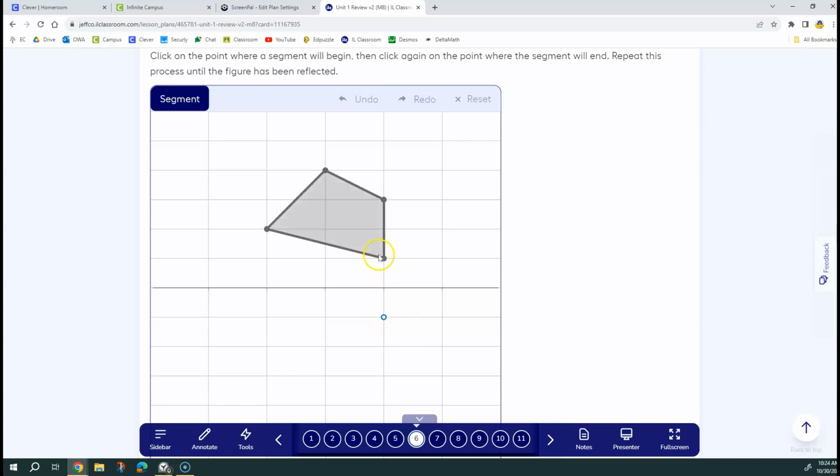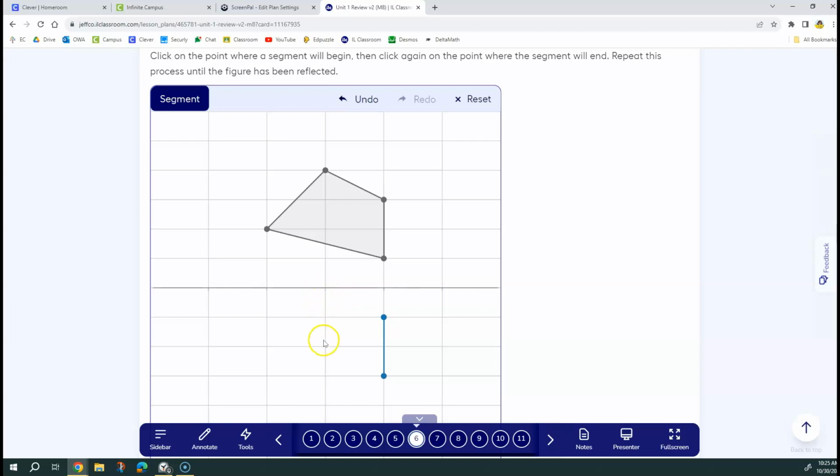So there's the point. Now I'm going to go to this point up here, which is the upper right. This point is 1, 2, 3 steps away from my line of reflection, so I go 1, 2, 3 steps away on the other side. Now I'm going to go to that upper left corner, and I'm going to count 1, 2, 3, 4 steps away from my line of reflection.